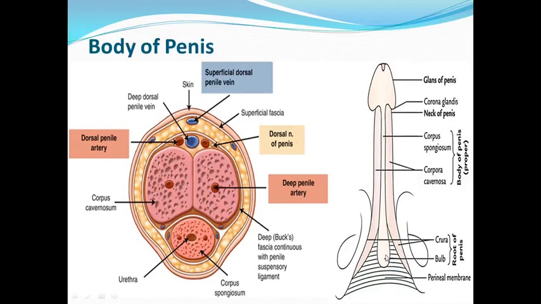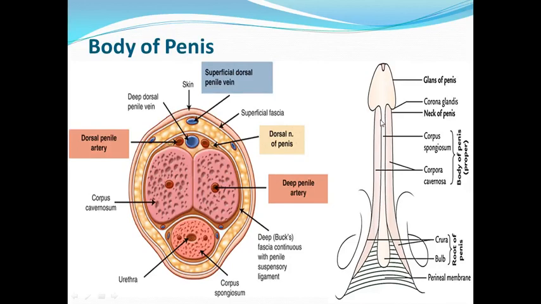Now talking about corpus spongiosum, it is the forward continuation of the bulb of the penis, and its terminal part will extend. The glans penis, I already told you, is nothing but the broadened terminal part of this corpus spongiosum.